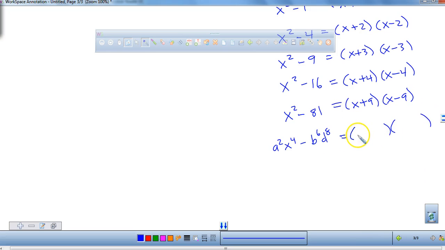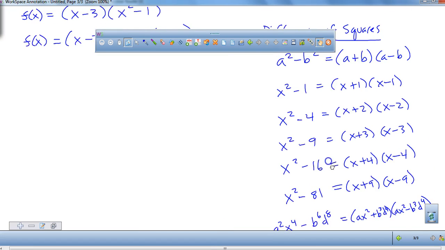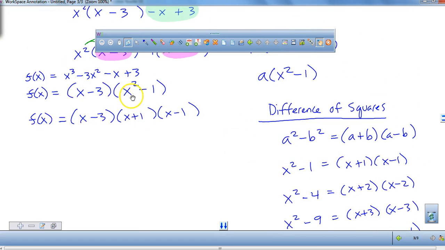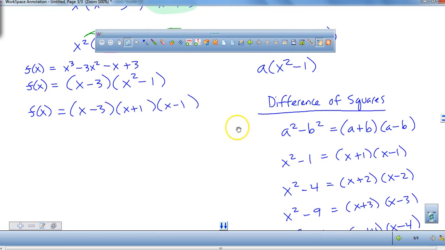That would factor to a x squared plus b to the 3rd d to the 4th, and then a x squared minus b to the third, d to the fourth. Basically all you do is take the square root of this, take the square root of this, and put a plus and a minus. So that's why when we looked over here, I realized that x squared minus 1 factors to x plus 1 and x minus 1. You need to know the difference of squares.